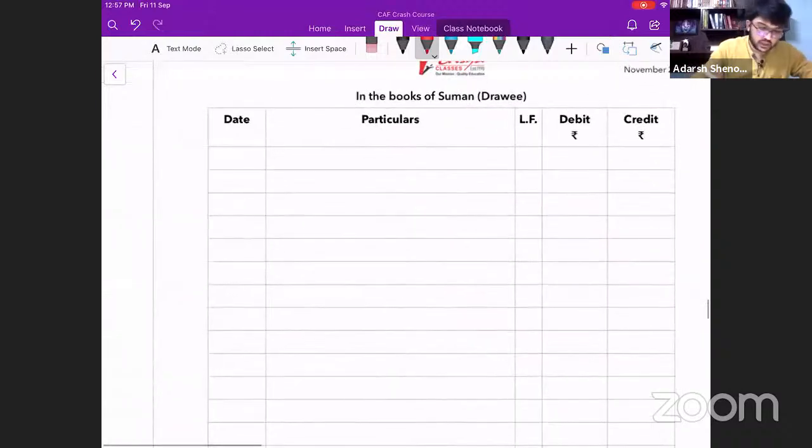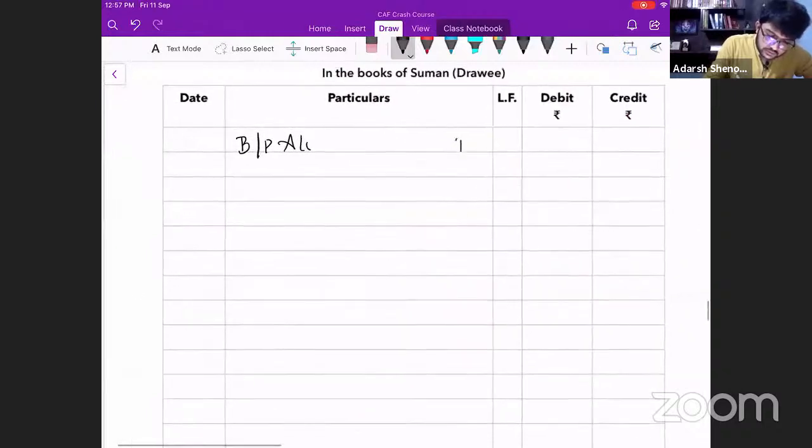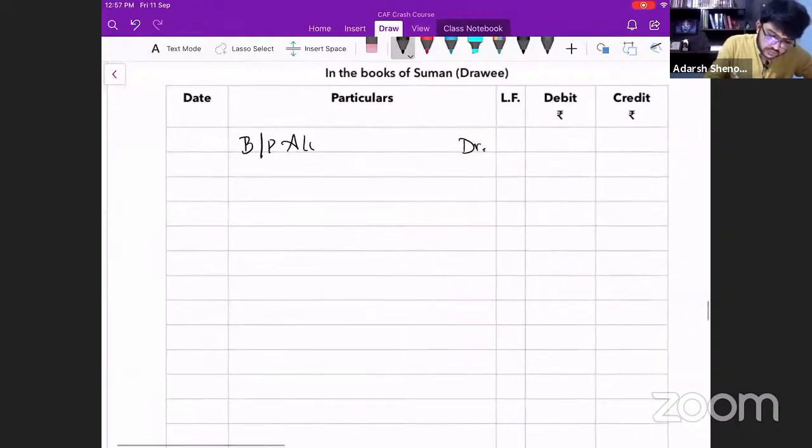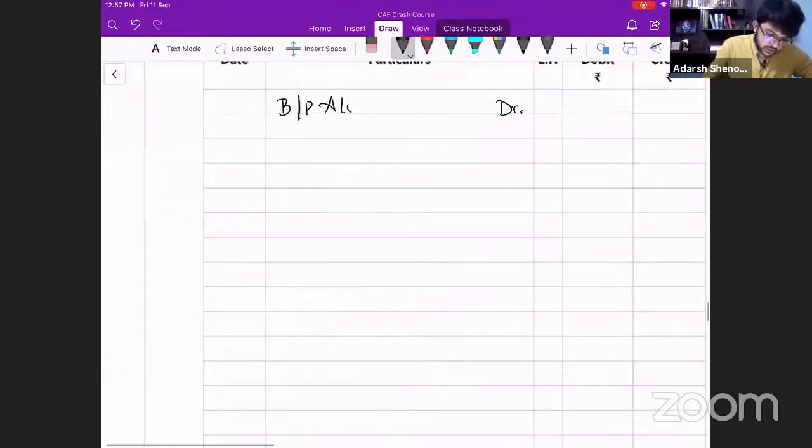So the entry is: bills payable account debit, and interest is there. How much is the interest? 600, right? Interest account 600.